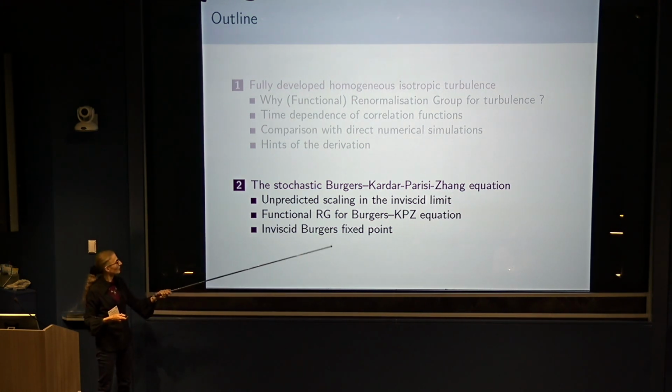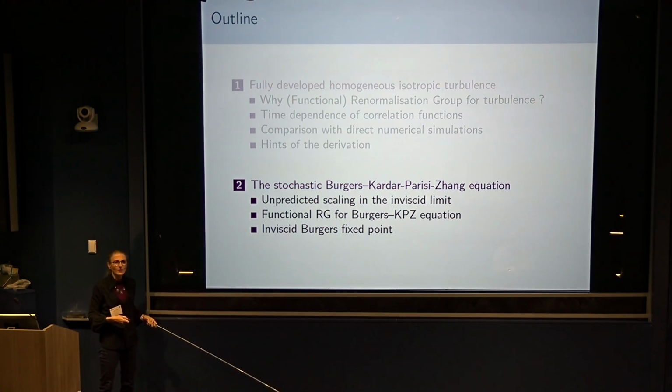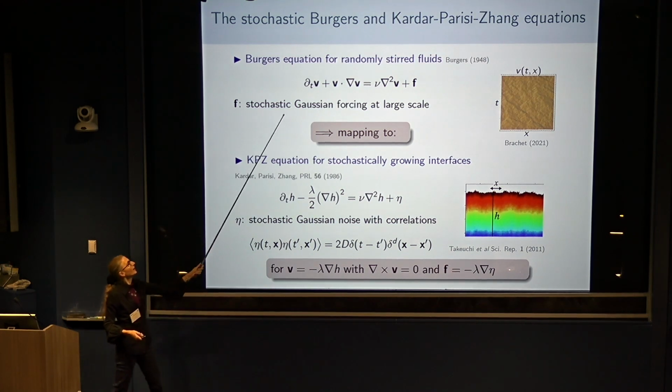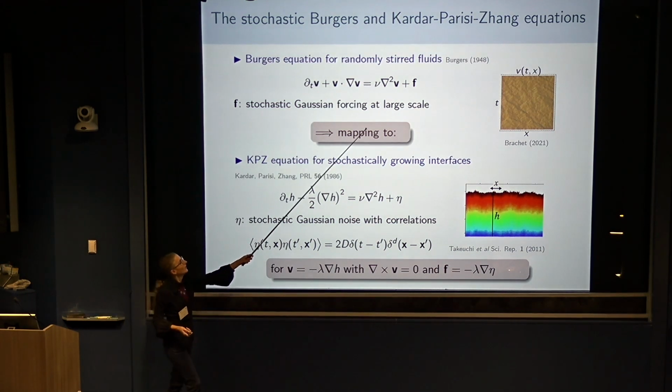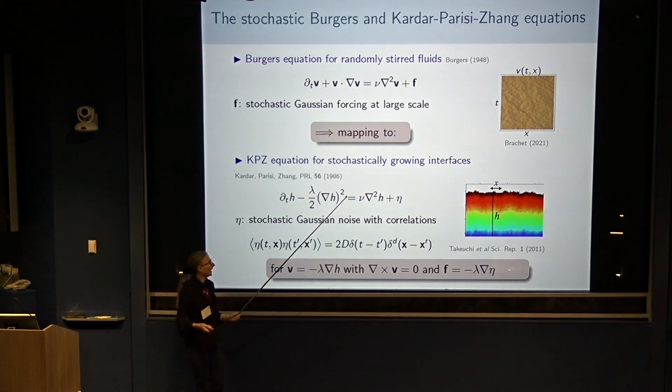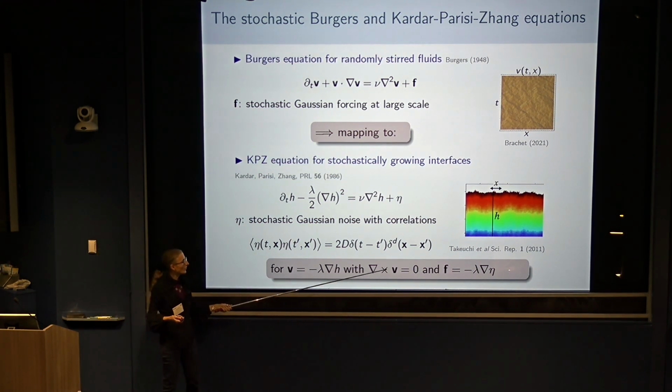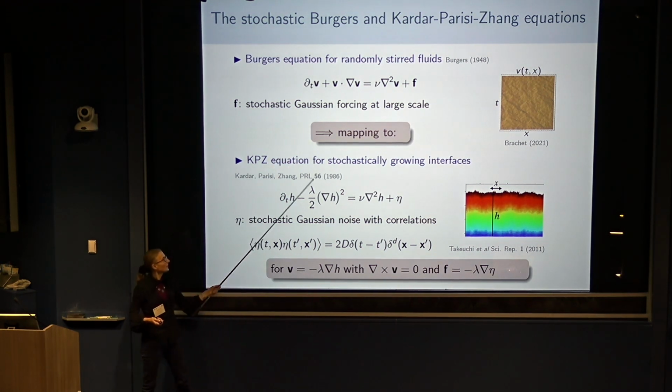And I'm going to talk briefly about the second part, about the stochastic Kardar-Parisi-Zhang equation. So what I'm looking at is Burgers' equation, OK? Forced Burgers equation. And a special case of it where, OK, if you define a velocity, which is a gradient of a scalar function, which we call height, and you enforce that the velocity is irrotational, then in fact this equation maps exactly to another equation which was proposed in a completely different context, which was derived by Kardar-Parisi-Zhang in 1986.